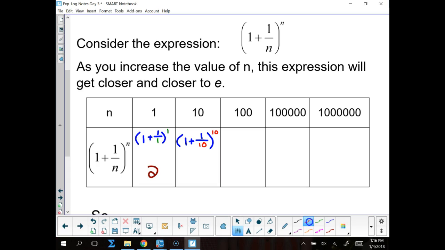Might need a calculator for this one. 1 divided by 10 is 0.1. 1 plus 1 is 1.1. 1.1 to the 10th power is 2.593742. I'm going to stop there because I ran out of space in my box.